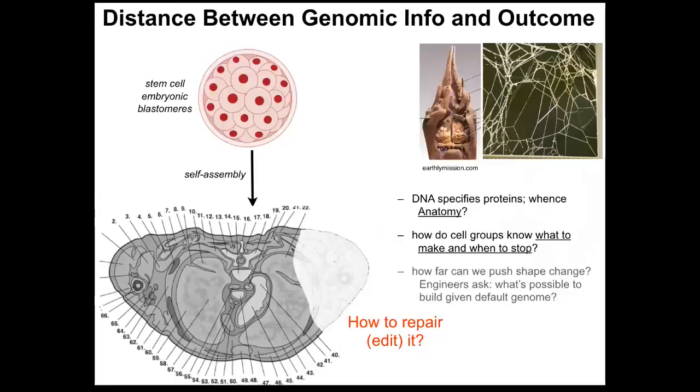But there's a significant distance between what's actually in the genome and the thing that we really want to understand and control. So this is a cross-section through a human torso. You can see the incredible complexity. Everything is in the right place, the right size, the right shape, next to the right neighbors. But what's actually in the genome, of course, is not anything about this.